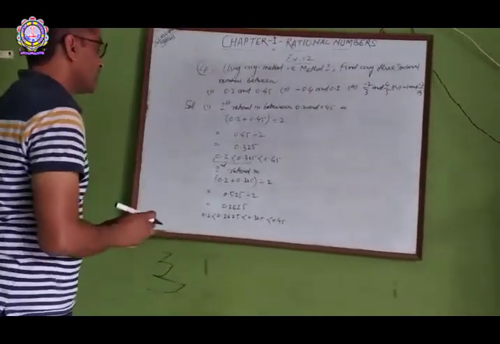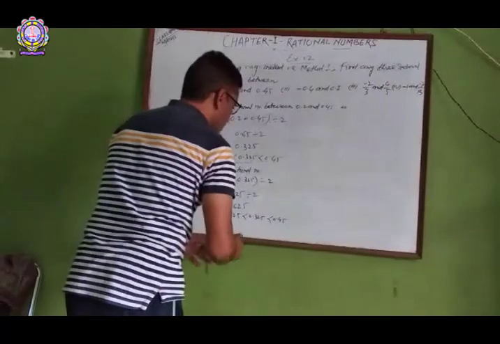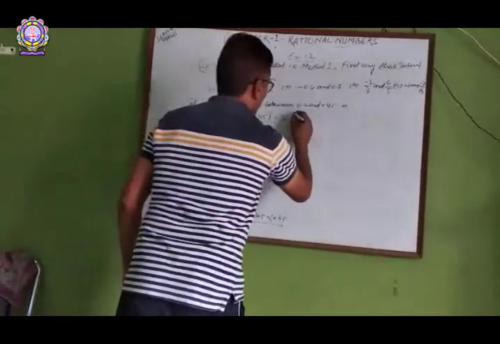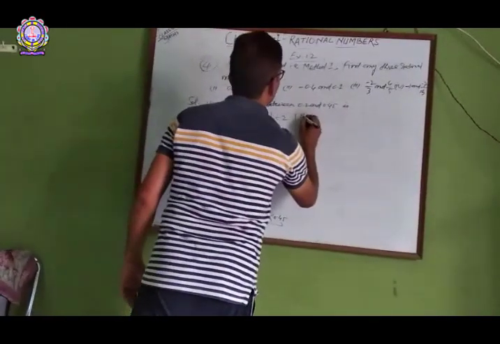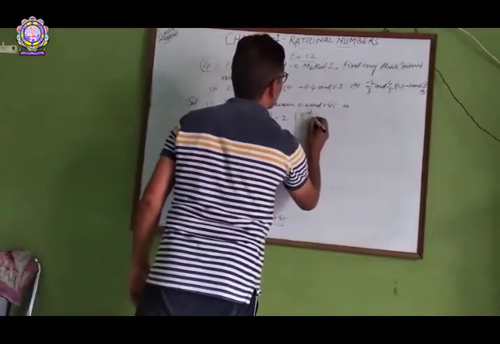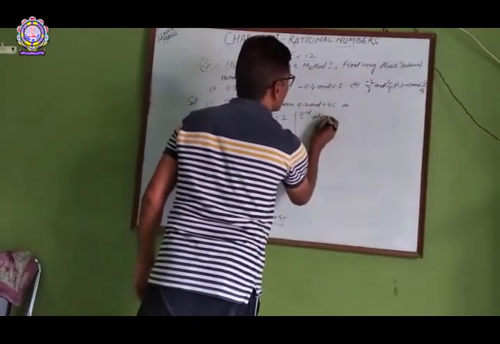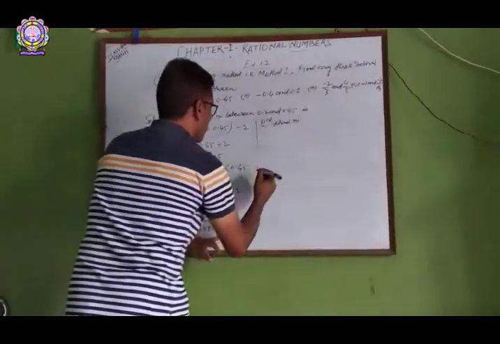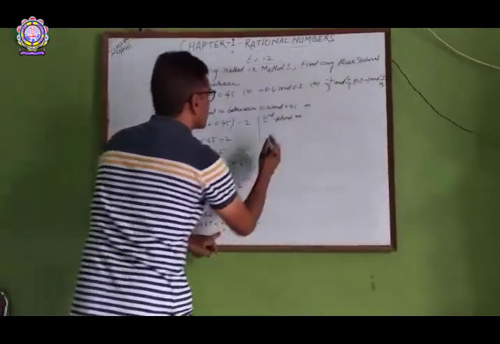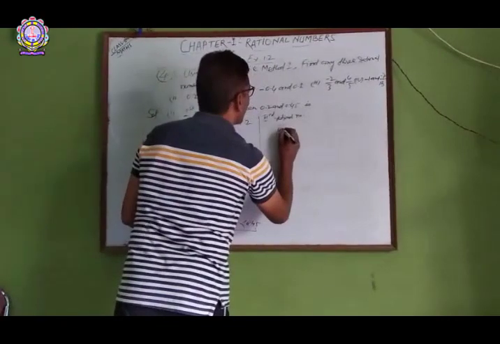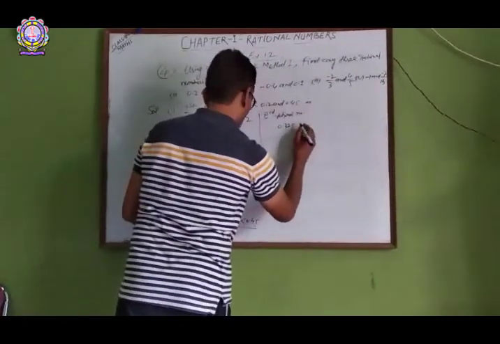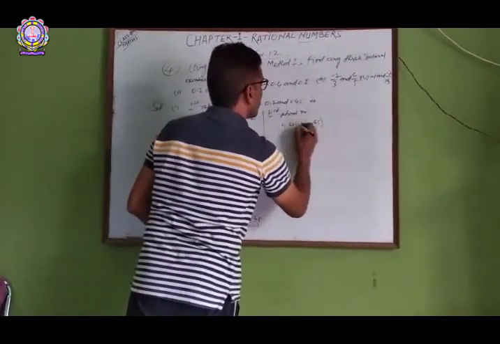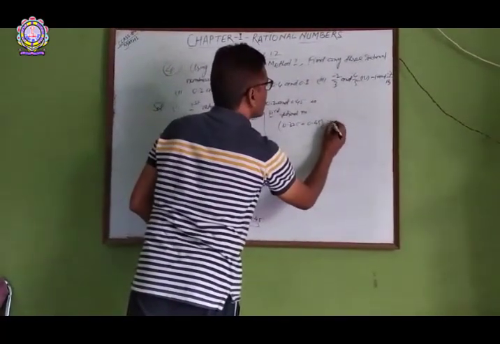Now we can find the third rational number between these two numbers. We will take these two numbers. Third rational number. Find the average of these two numbers, that is 0.325 plus 0.45 divided by 2.